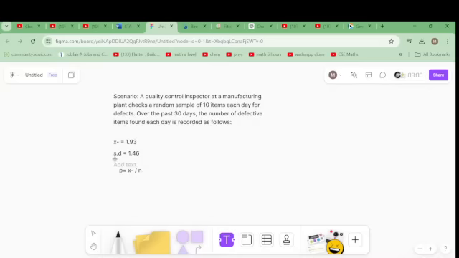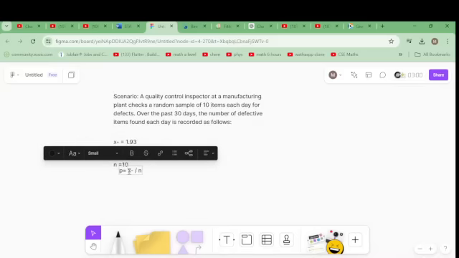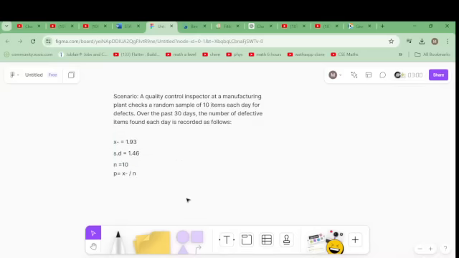The question says it checks a random sample of 10 items each day. So that's the number of trials. Our n equals 10, and our p is x bar over n.